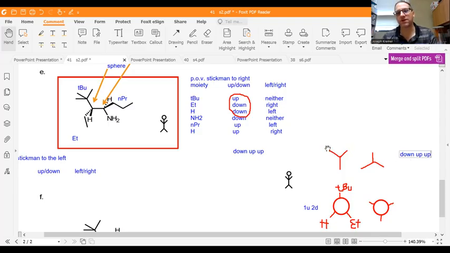This one here, right? There's up, hand. See where the hand is? Up, up, down. That's what we'll use. We will put in this information here: NH2 on the down, and n-propyl up on the left, and hydrogen up on the right.